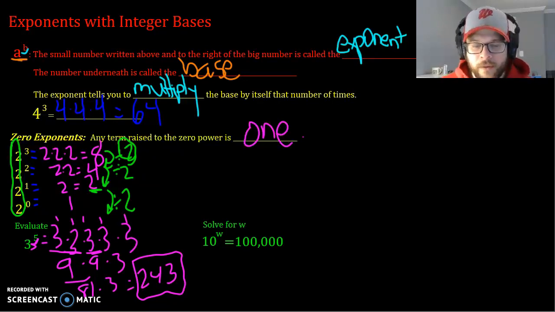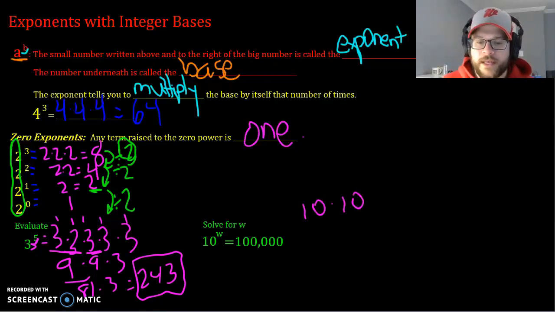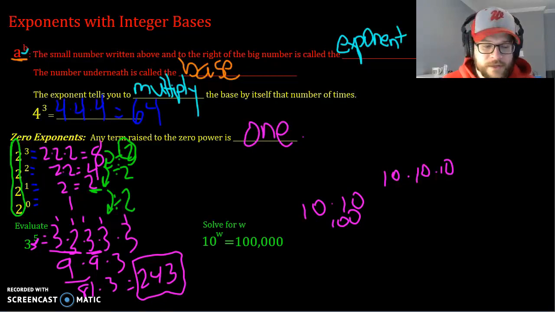Now, likewise, going backwards, we need to figure out a number that can be plugged into the exponent so that when you multiply the base times itself that many times, you're going to get 100,000. So let's just start plugging in numbers. If we multiply 10 times 10, or 10 squared, that's going to give us 100. That's not enough. Now let's try it 3 times. 10 times 10 is 100, and then we multiply that times 10 again.